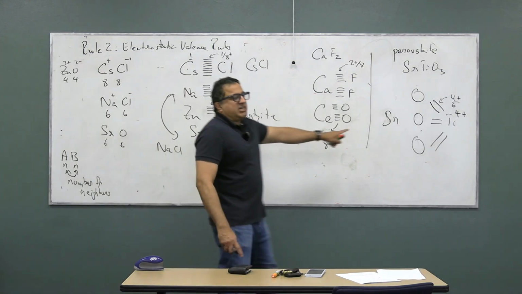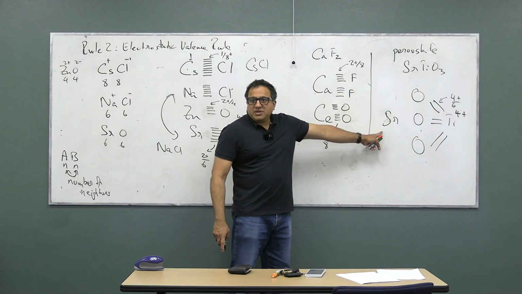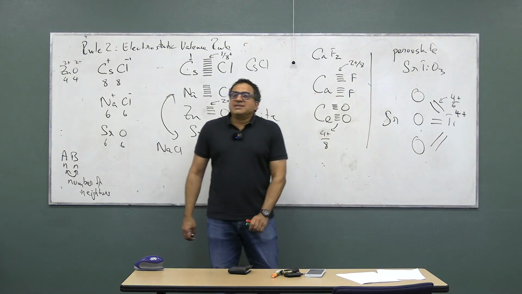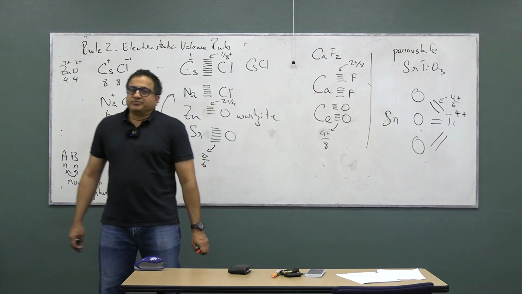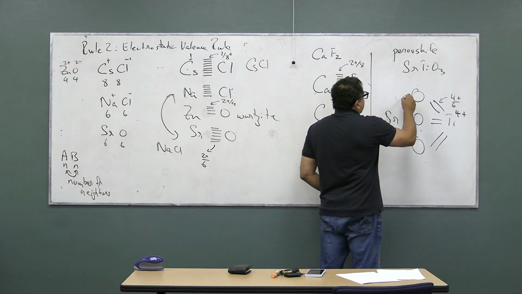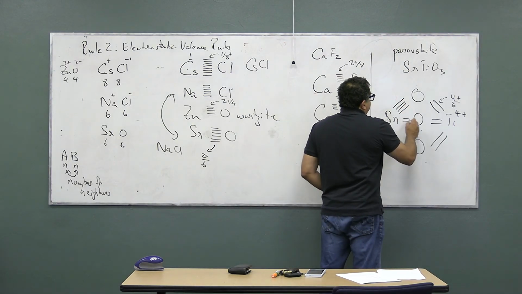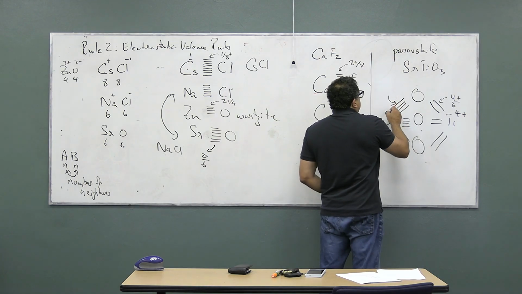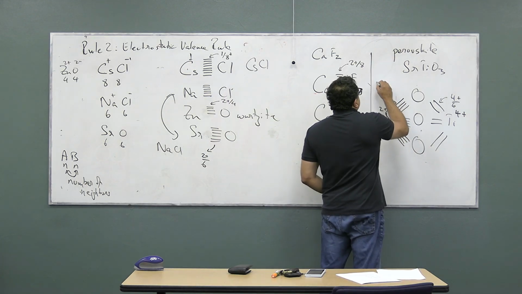So it has to get charges from the strontium. How do you think it's connected to the strontium? The strontium is actually 12 coordinate. So 1, 2, 3, 4, 5, 6, 7, 8, 9, 10, 11, 12. And each of these, of course, strontium is 2 plus, so each of these is 2 plus over 12.